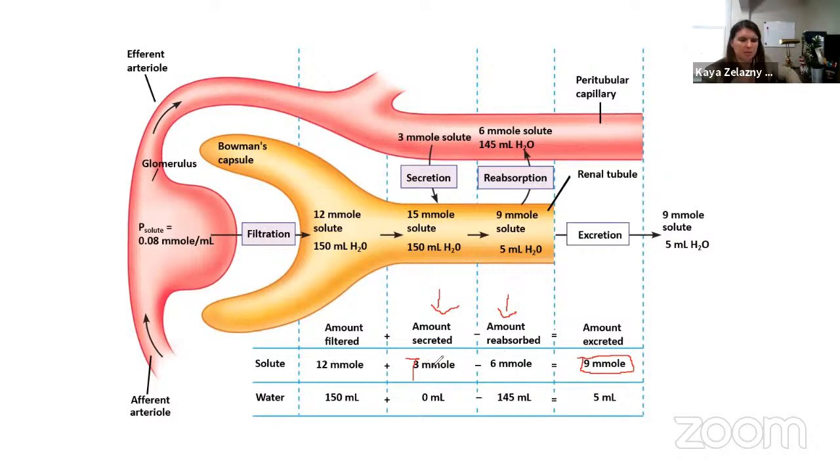We do 12 plus 7 minus 6, so we'd get 13 millimoles. That's all that comparison was doing: telling you that you can compare this versus this, and you'll know something about the relative balance of secretion versus reabsorption here.